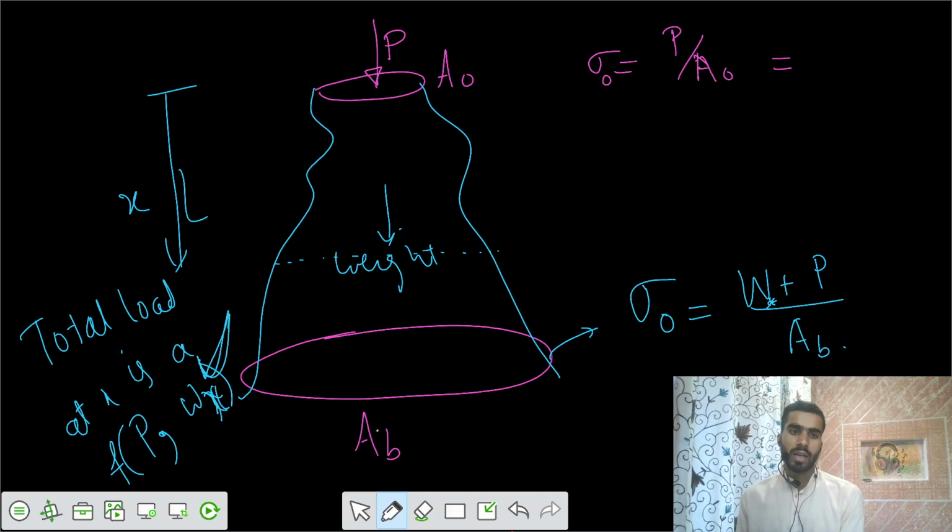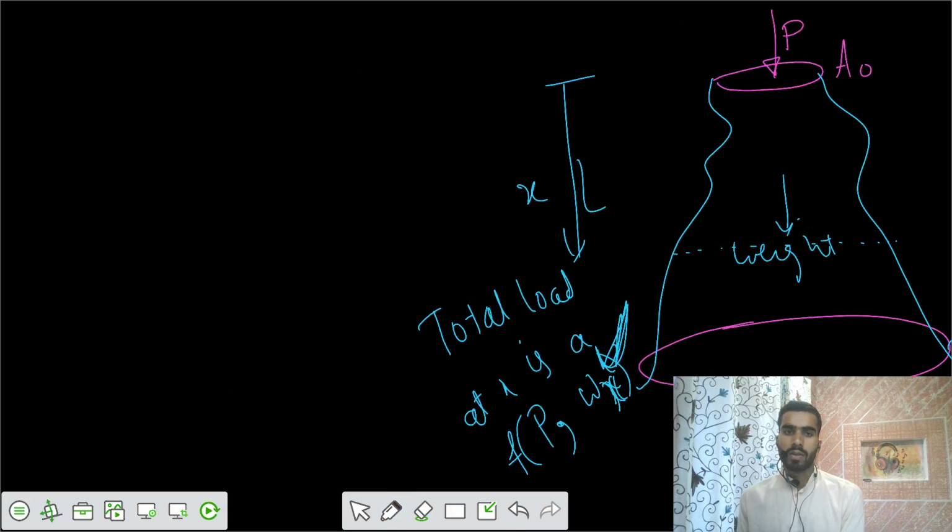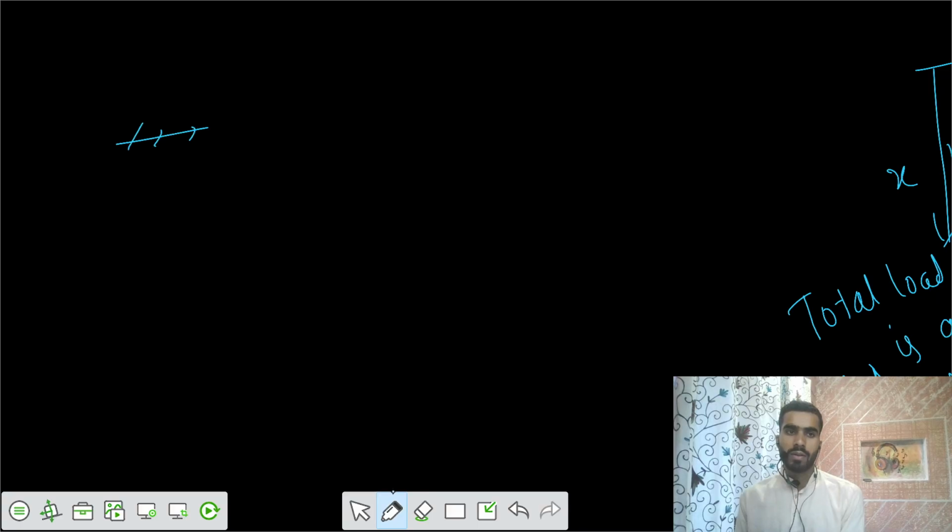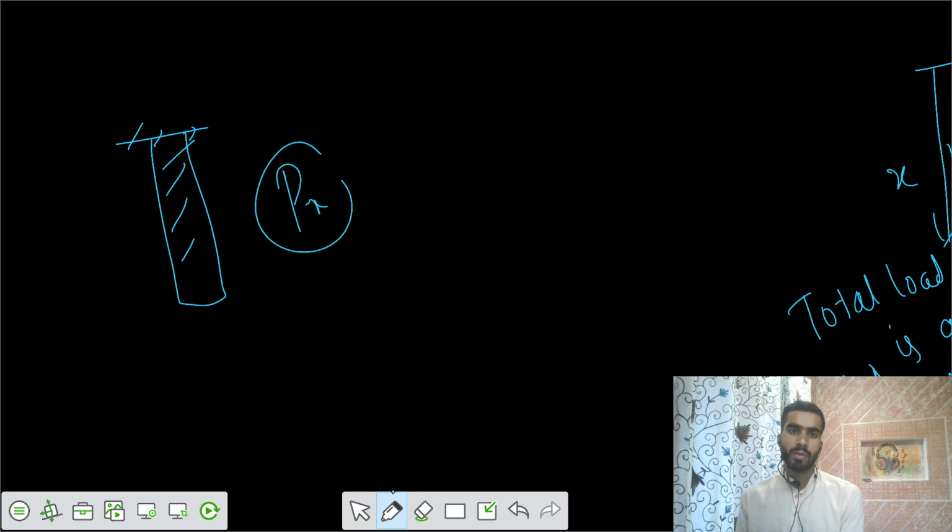So you need to take that strip. We have studied that when you calculated the deflection of that bar under self weight, because P is varying because of self weight, we need to take that strip and take the effect of that strip.